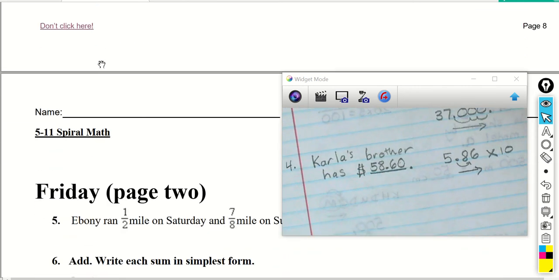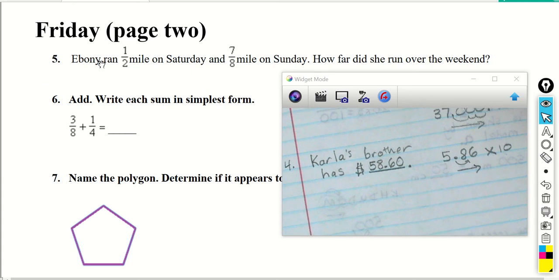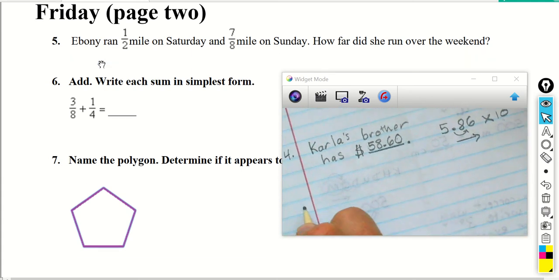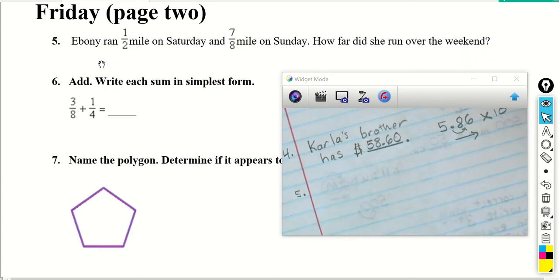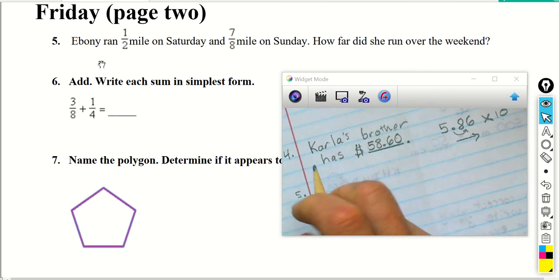All right, let's go on to number 5, the real number 5. Okay, on this one, Ebony ran a half mile on Saturday and 7/8 of a mile on Sunday. How far did she run over the weekend? I'm not sure if it's going to be a fraction yet or whole miles, but I think it'll probably be more than 1 mile because 7/8 is almost already a mile, and 1/2 is a half a mile, so she's going to definitely run over 1 mile.